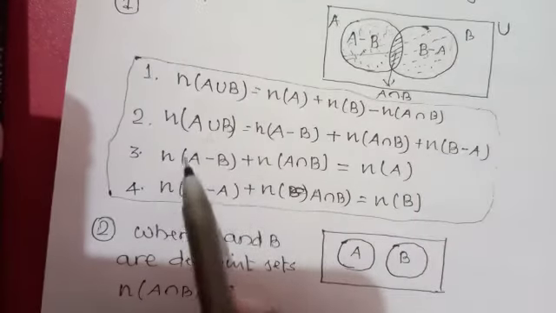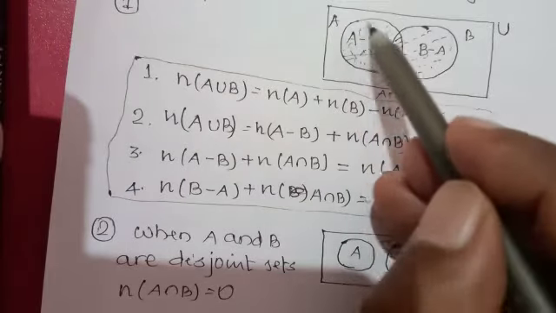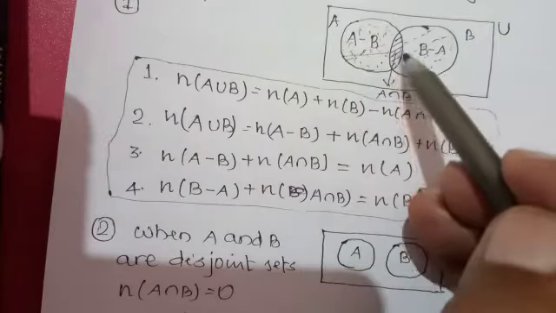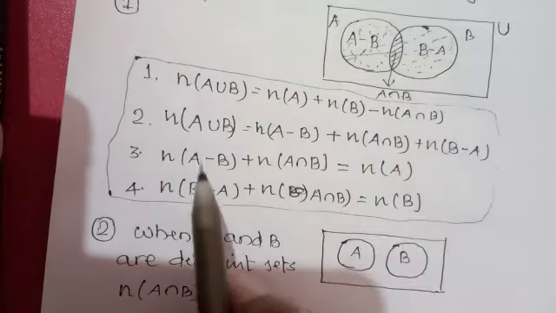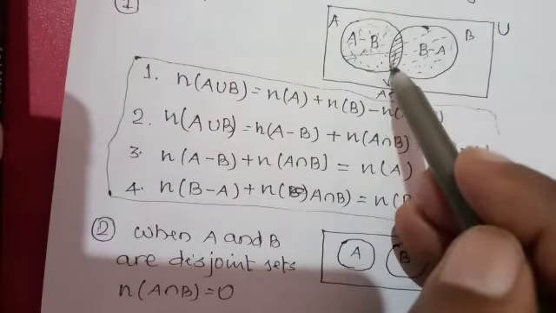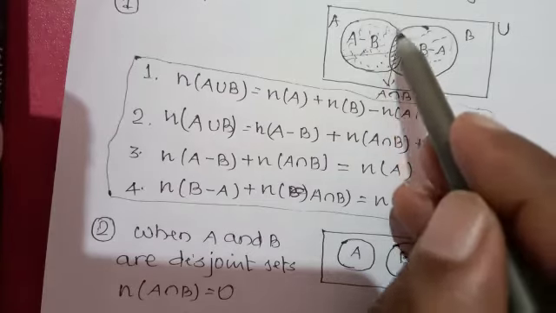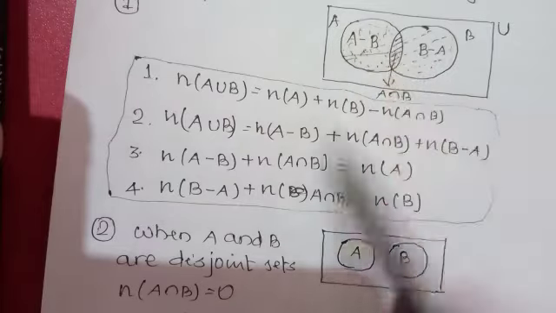See the third one. This is our set A. This A contains two parts, one A minus B, another A intersection B. So n(A minus B) plus n(A intersection B) together becomes n(A). This is one more formula.